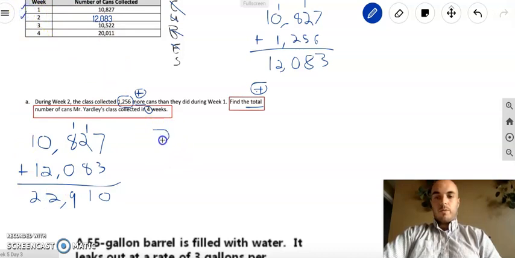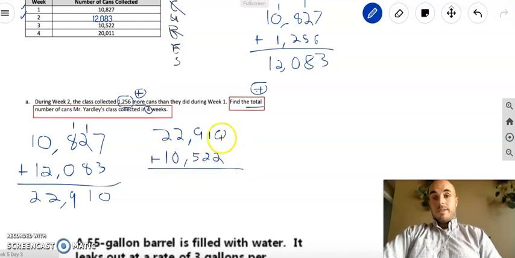So I'm going to rewrite this 22,910 over here. Now we're going to add week 3, which is 10,522. Like so. All right, 0 plus 2 is 2. 1 plus 2 is 3. 9 plus 5 is 14.